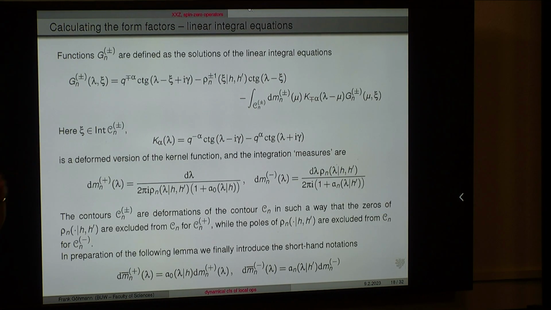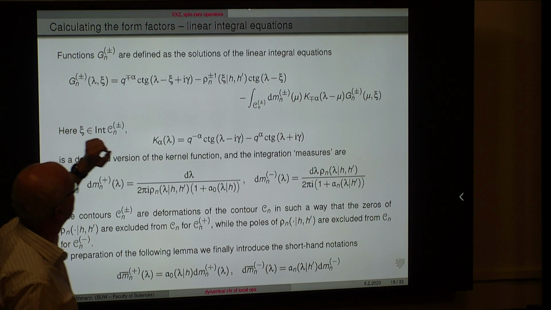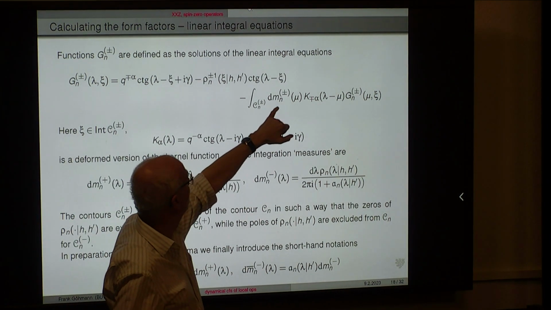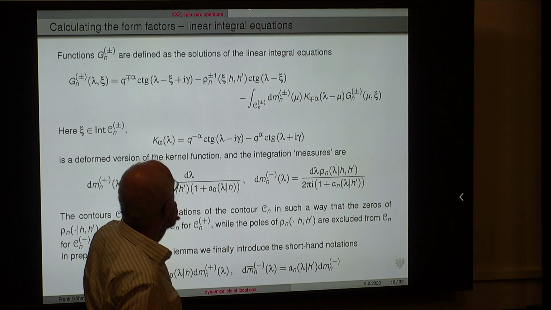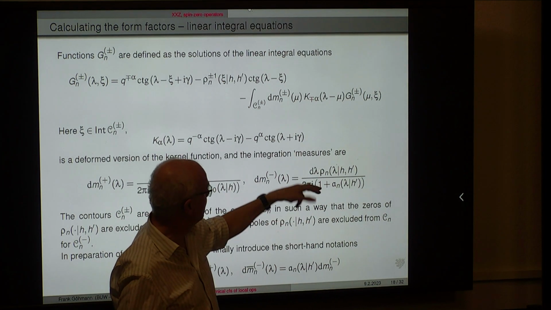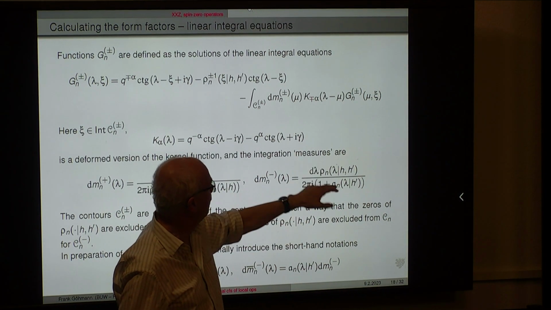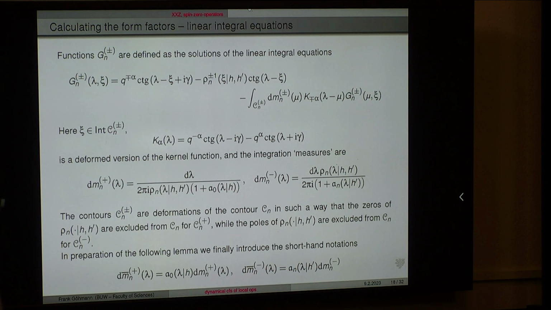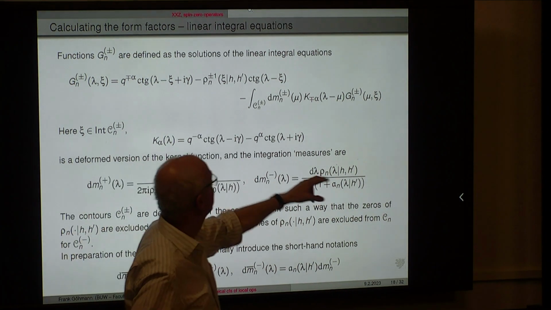Number two is a function we like. This is a function satisfying the linear integral equation once the solution of the nonlinear integral equation is known. The solution of the nonlinear integral equation is this A. So 1 over 1 plus A is the generalization of the Fermi function, which you found in my simple formula, to the interacting case, and rho also appears here.